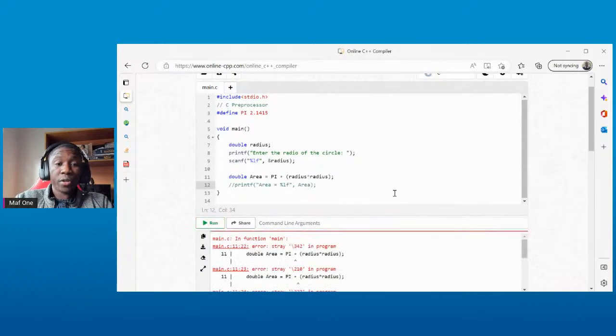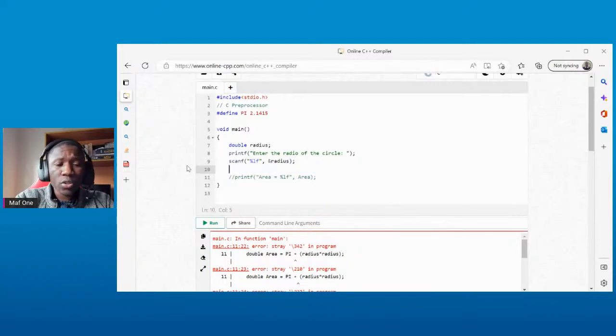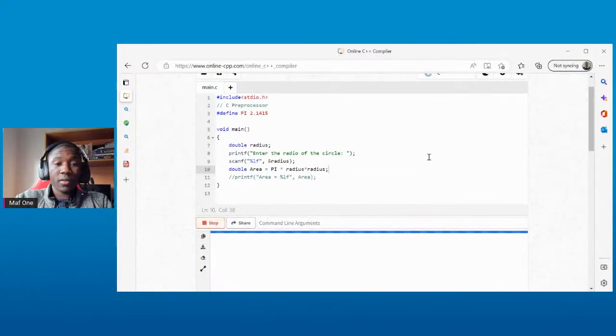This is weird, but let's do it manually. So double, the very same. Double area is equal to pi times radius times radius. Now it's working. I'm pretty sure, because yeah, it's doing nothing because of this line.